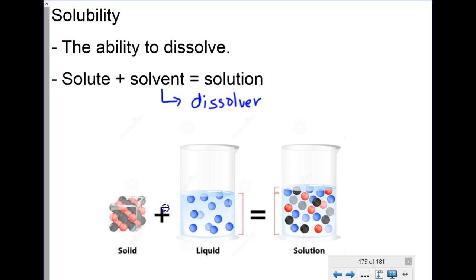If you have troubles telling the difference between a solute and a solvent, think about what you have more of. If I'm dissolving salt into water, do I have more water or do I have more salt? More water. Much more water. That makes it the dissolver. The solution is the mixture that is made when you combine the two together.